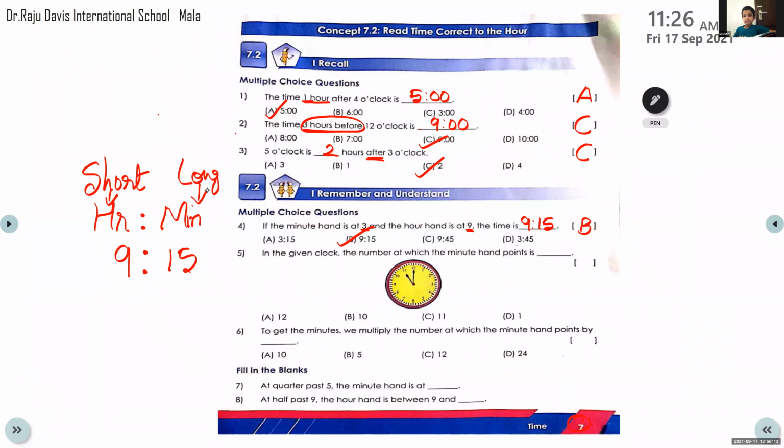Question is the number at which the minute hand points. 12. Yes. The minute hand, the long hand is at 12. Okay. You are having a confusion of short hand and long hand. The notes are also sent. Please learn it, my dears.